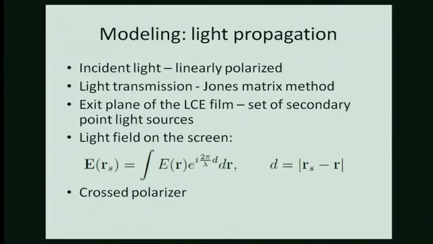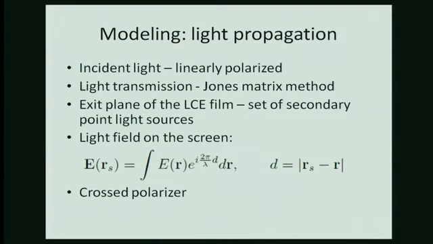Now, to do the light propagation, we just assume that the incident light is linearly polarized. Then calculate the light propagation through the elastomer sample, and one could use a bunch of methods for that. Again, I guess the simplest one is the Jones one.